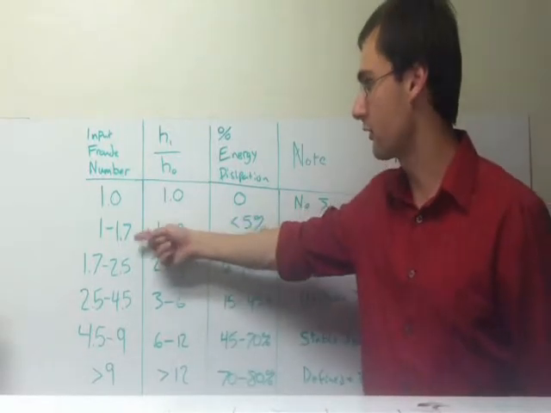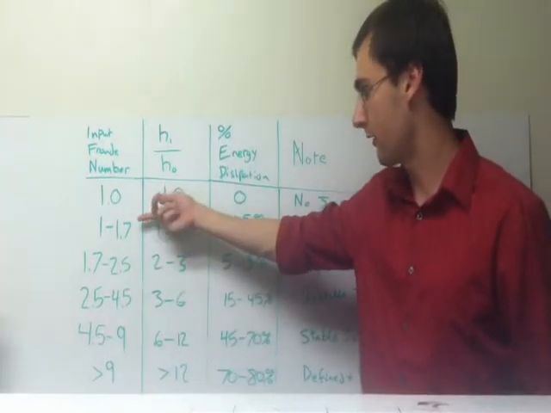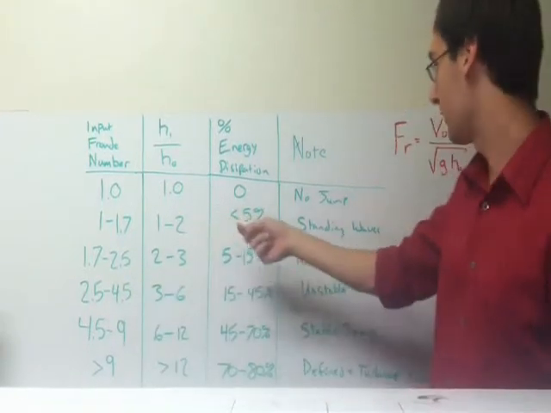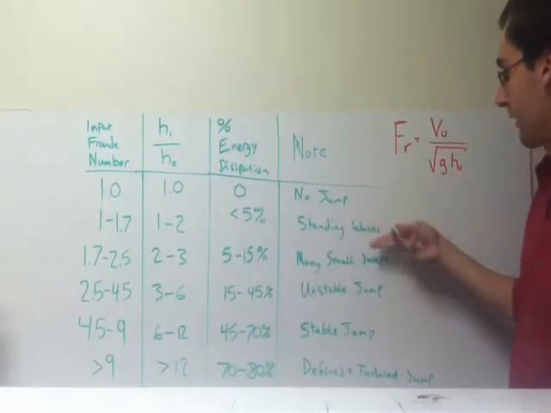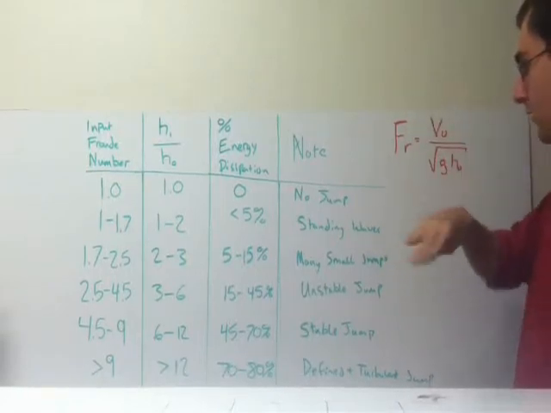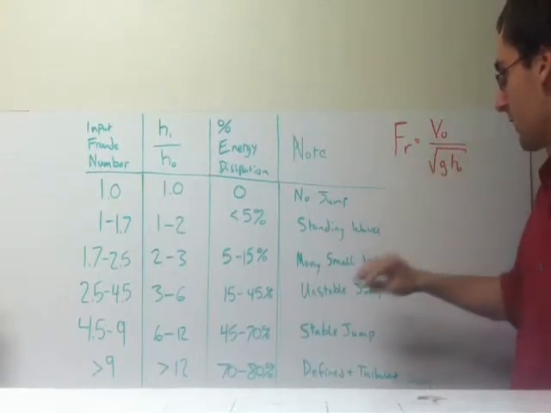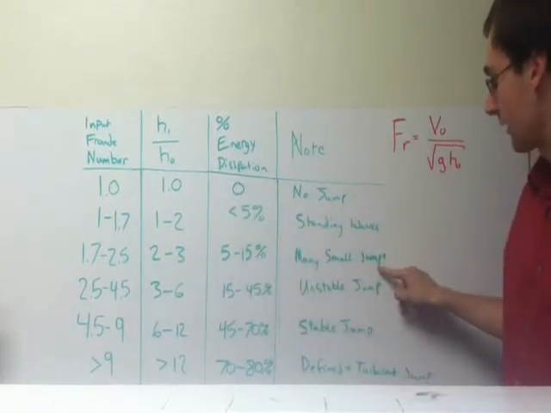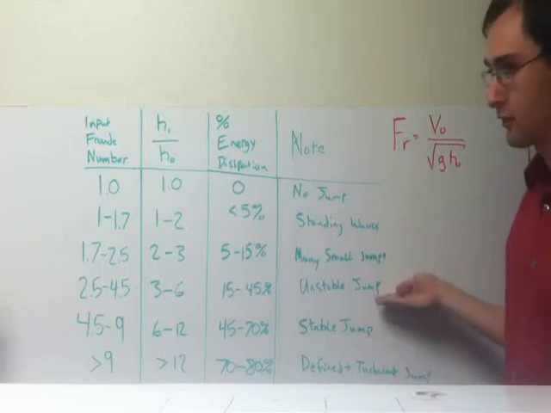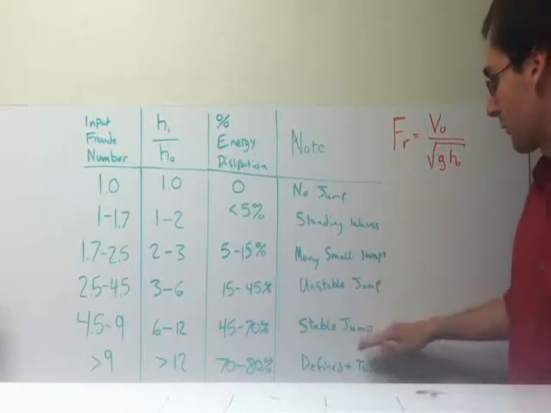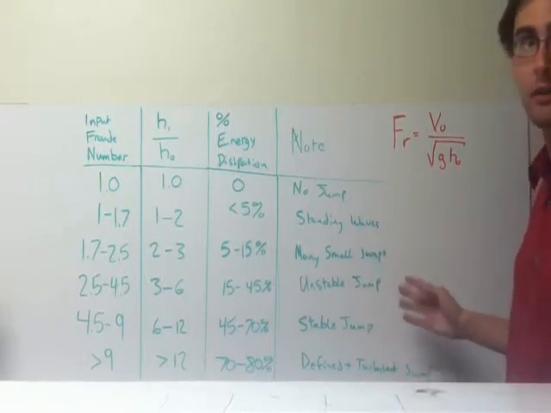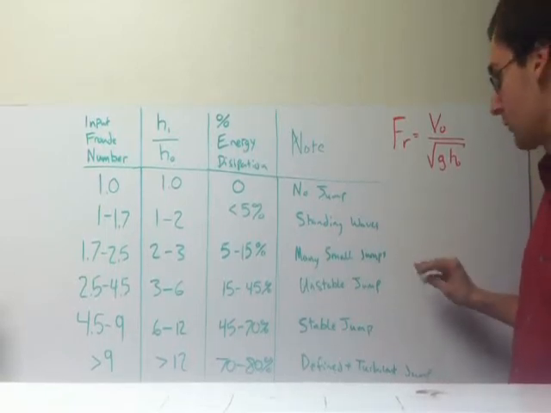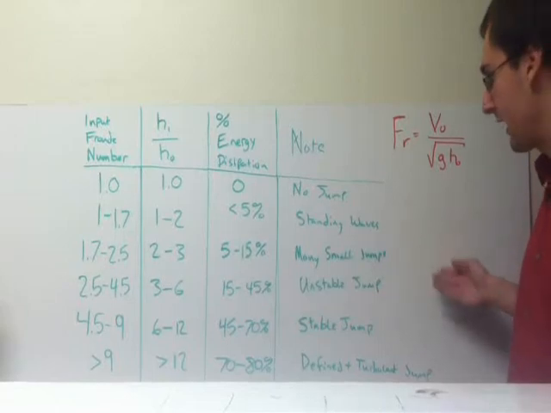And as your Froude number starts to gradually increase from a value of 1 to upwards of like 5 to 9, you can see that it goes from being a standing wave that has a steady jump that just goes up, to being a small series of waves as it gradually keeps increasing, to an unstable jump, and then it becomes a more stable jump as the velocity increases, because then the two fluids are getting a little bit closer to each other and they're able to be more steady.